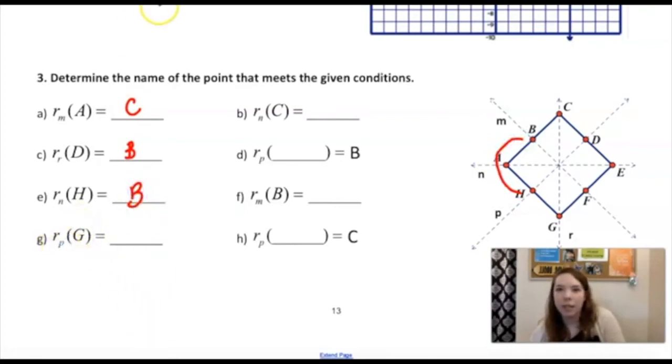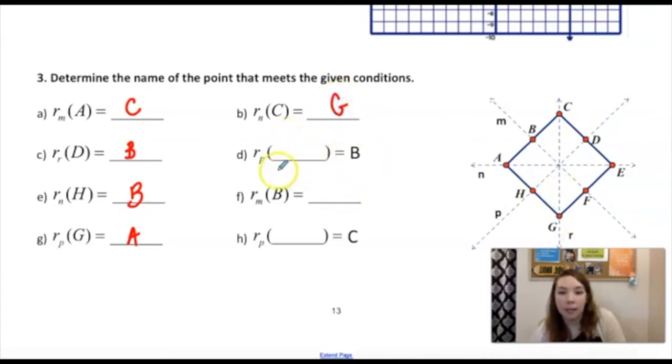G over P. Here's line P and G, it looks like that would end up being A. Point C reflected over N. Here's line N. C means we would go straight across, so that would end up at G. And then this one is backwards.